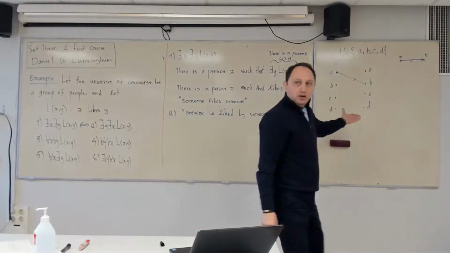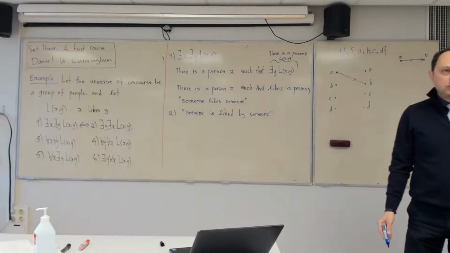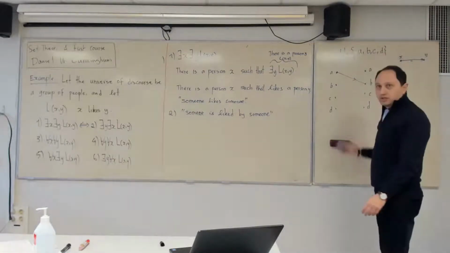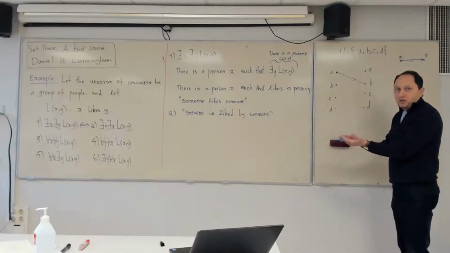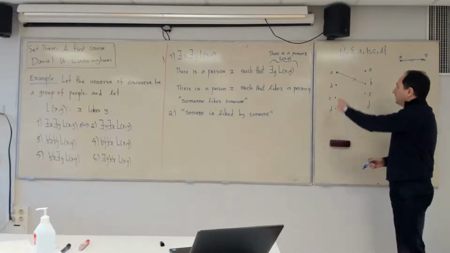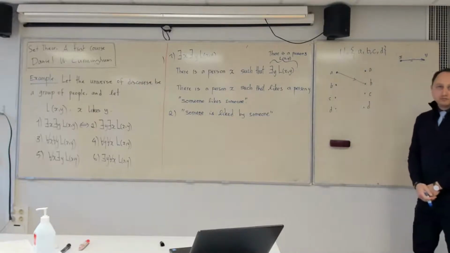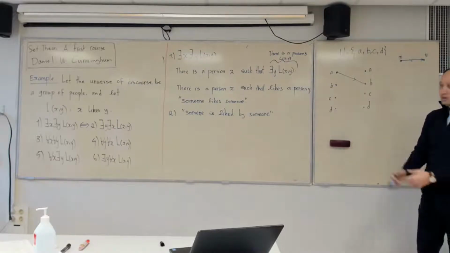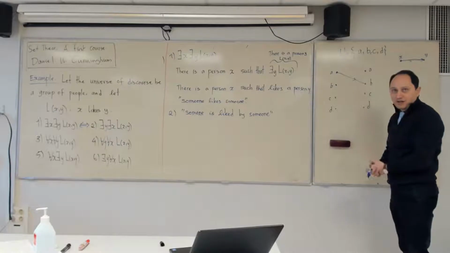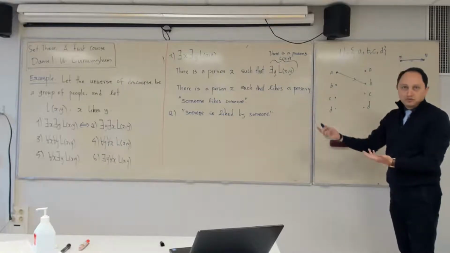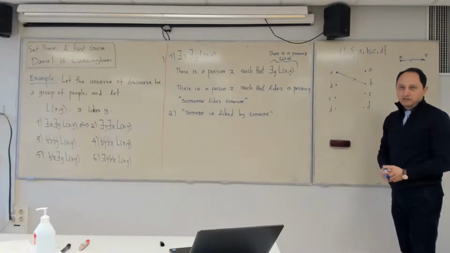Is this the only diagram that makes it right? No, we can have a lot of other arrows, yes? As long as I have one arrow from here to here, because my goal is someone liking someone, I need only one arrow. Is that right? So this is probably the minimal way of drawing the diagram to make that one true. Okay, just one arrow is enough. Is that clear?